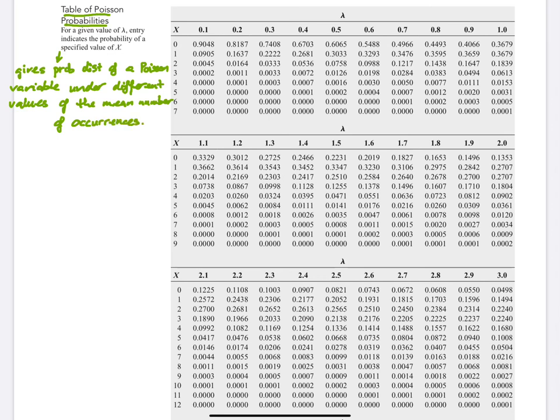So what we have here is lambda. Lambda is just the way that this table denotes our mu, which is the mean number of occurrences.